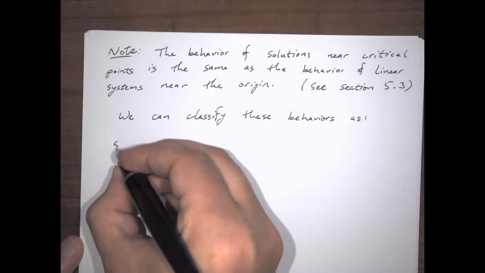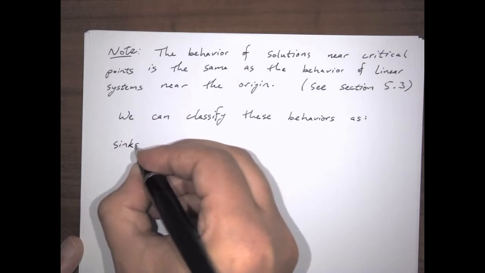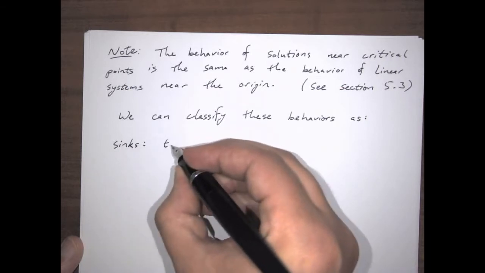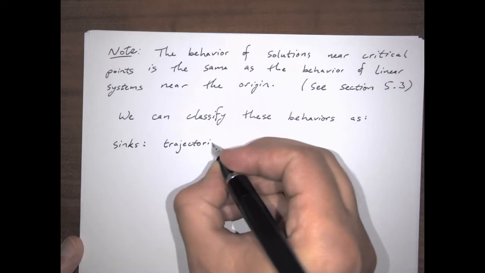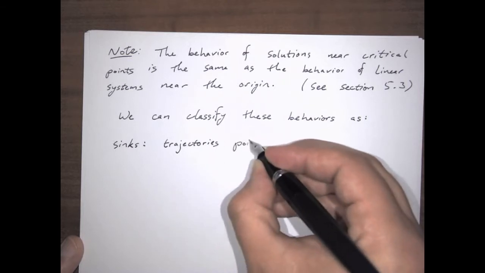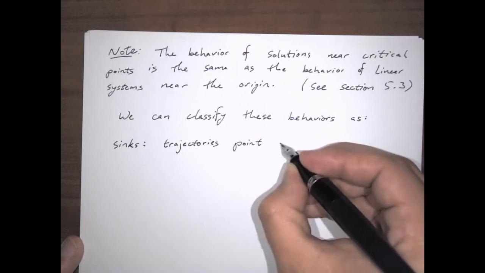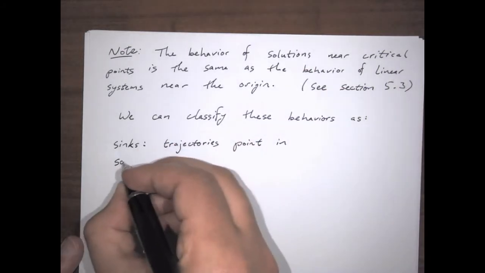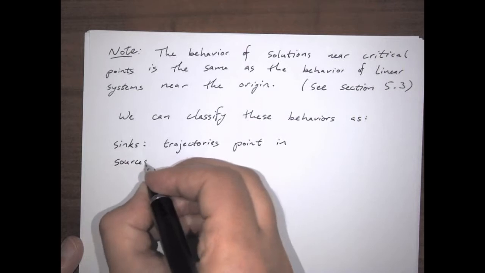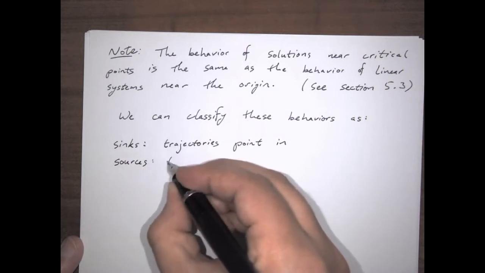We can call them sinks. This is when the trajectories point in. Sinks are when the trajectories point in, and sources when the trajectories point out.